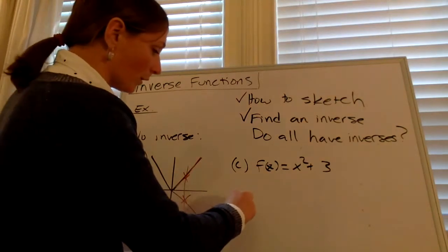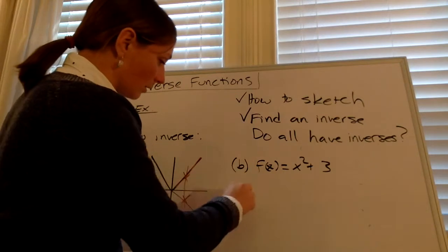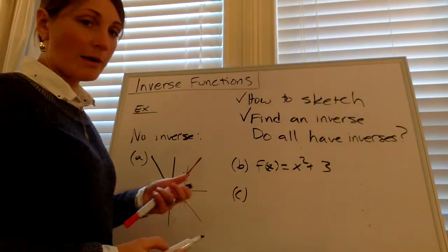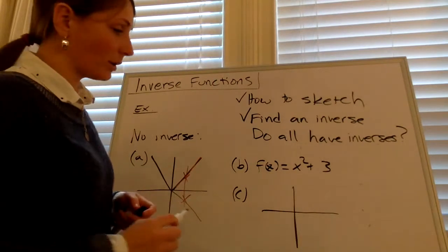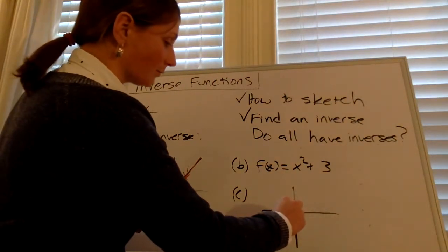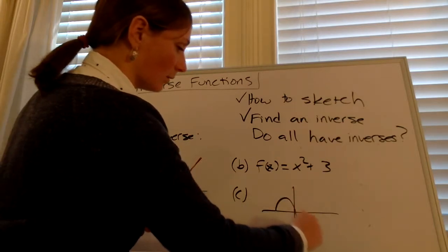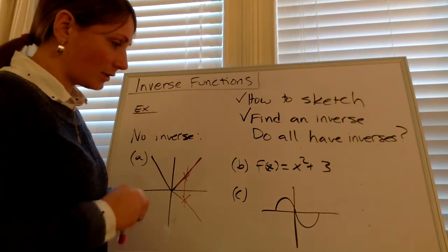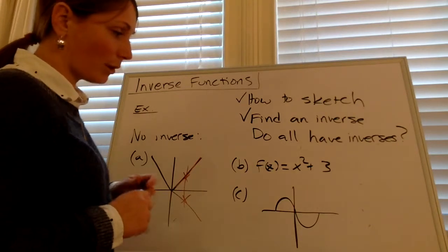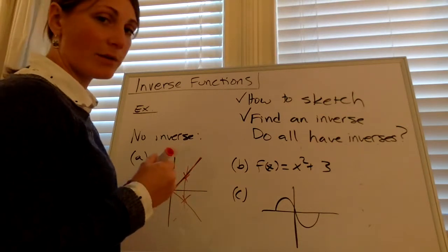I'll show you one more. Oops, I made that example C, but it's B. Another graph, just from looking at it. This function here is not going to have an inverse. That curve there is part of the negative sine curve, irrelevant, but it's not going to have an inverse.